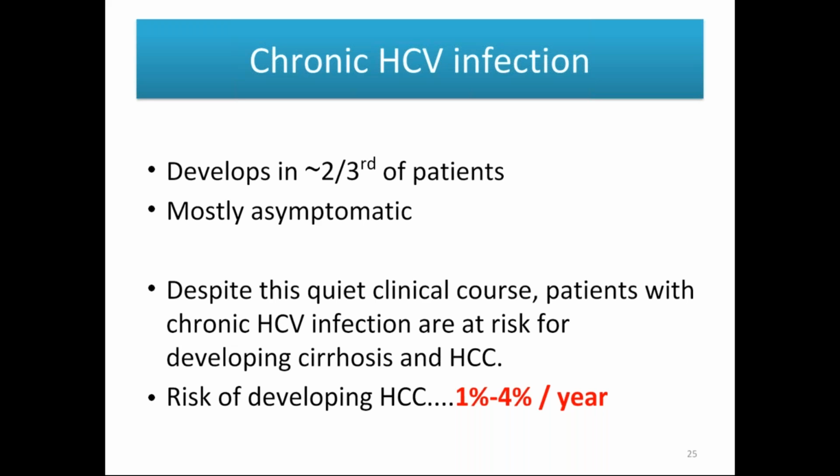I said earlier that patients with chronic HCV infection are at higher risk for developing cirrhosis and HCC. The risk of developing HCC is about 4% per year, which is very uncommon in hepatitis B and hepatitis A.